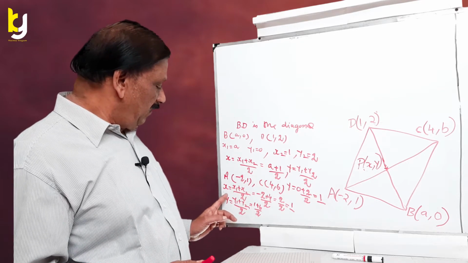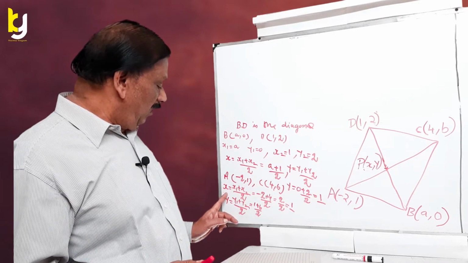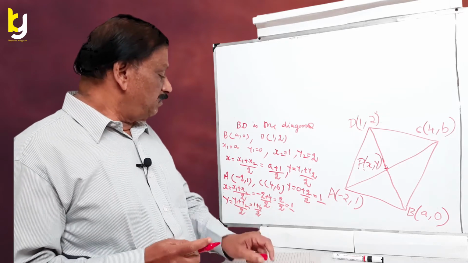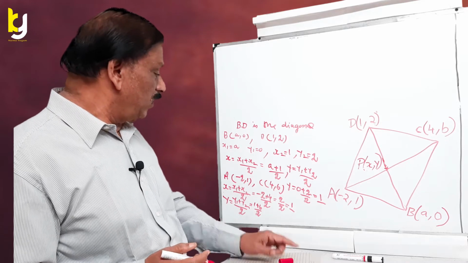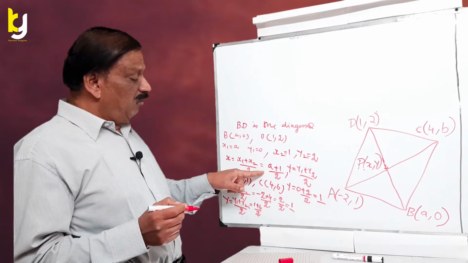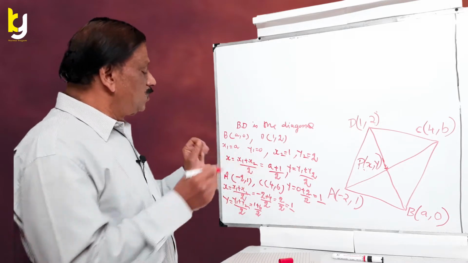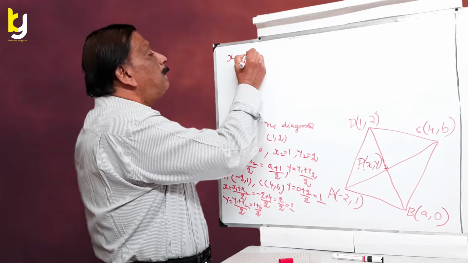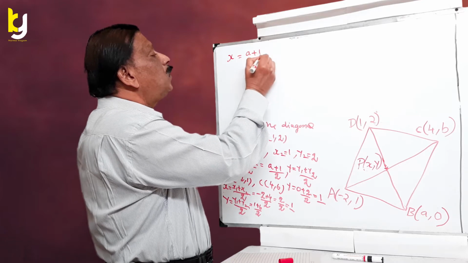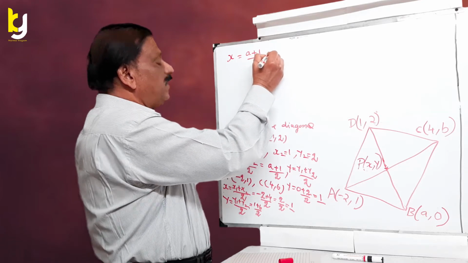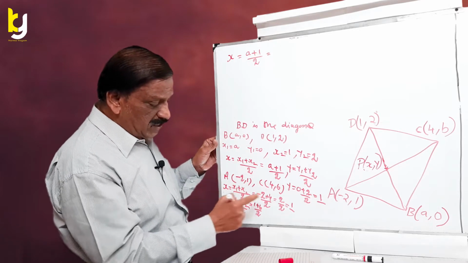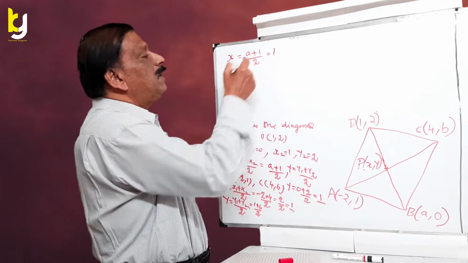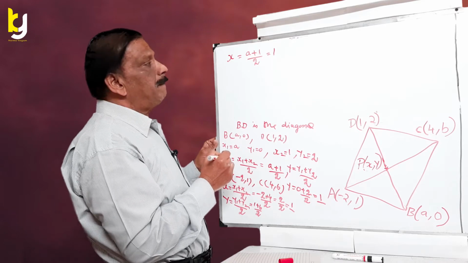In this case, we got x equal to 2/2, that is equal to 1. So substitute this value x equal to 1 in the first case. x equals (a + 1)/2, that is equal to 1.